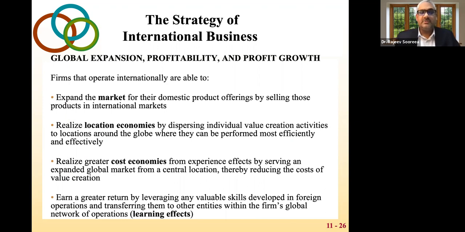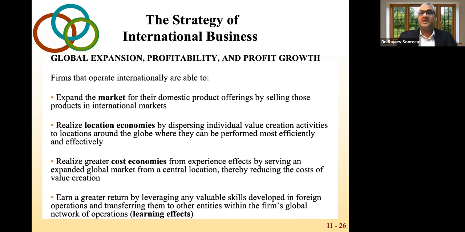And you should be able to realize location economies, the advantages from a particular location, by dispersing individual value creation activities to locations around the world where they can be performed most efficiently and effectively.